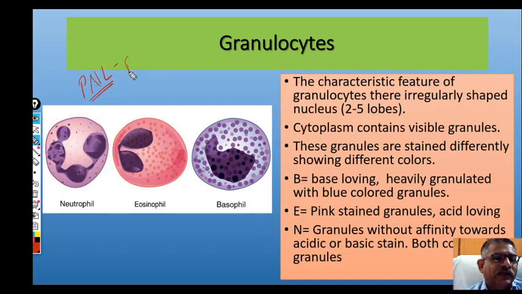These are the first cells to reach the site of inflammation, passing through the blood vessel. So they have phagocytic action. They secrete peroxidase and bleach, and hence they are able to destroy the antigenic material.